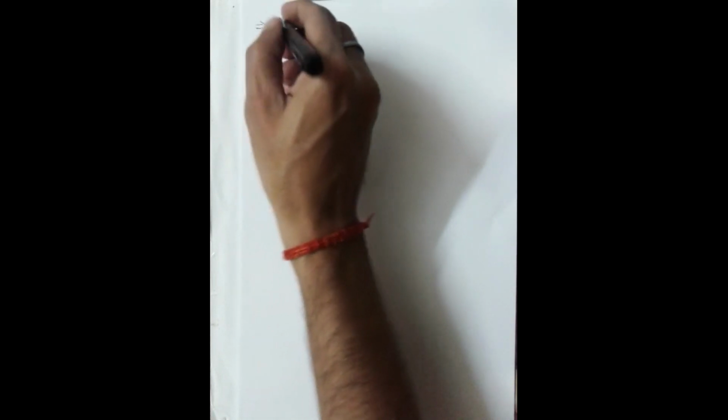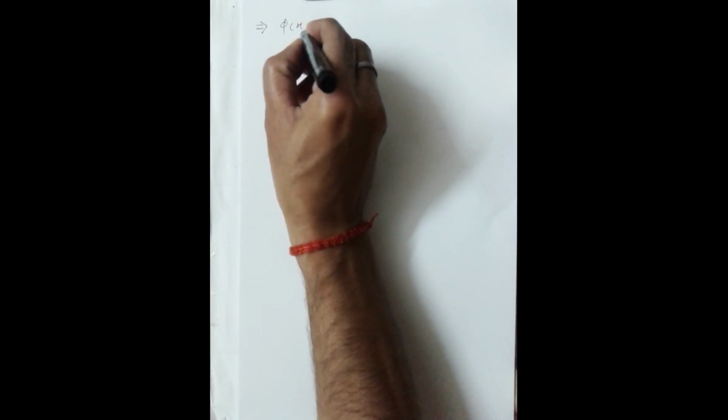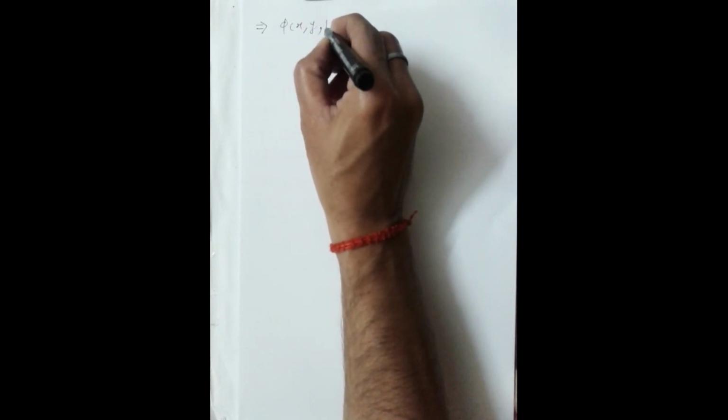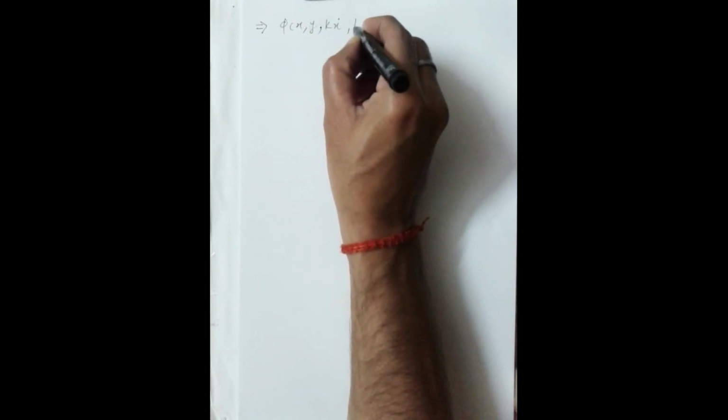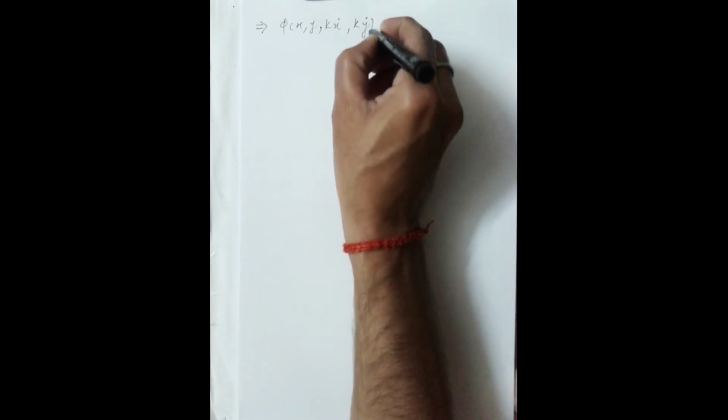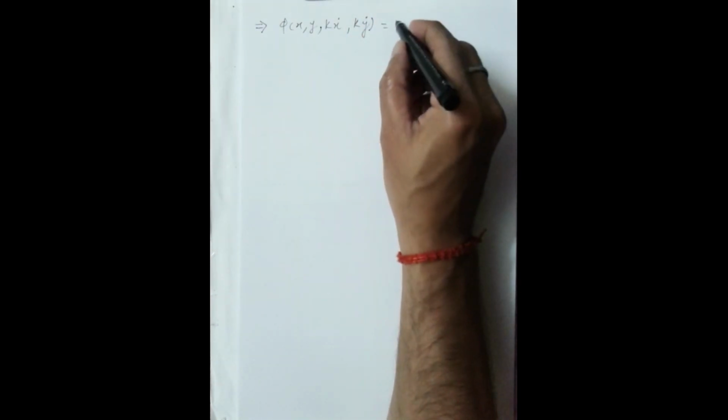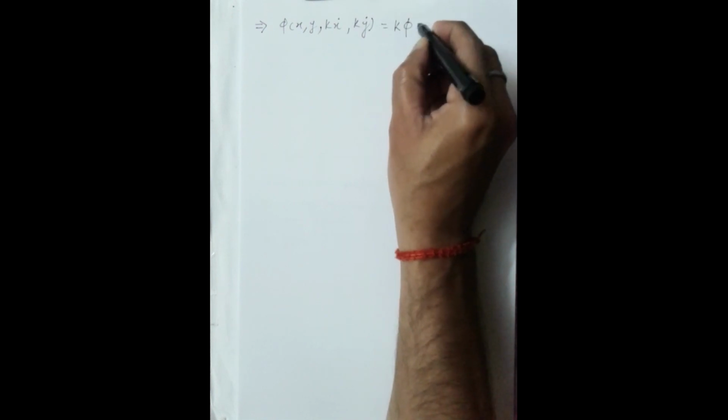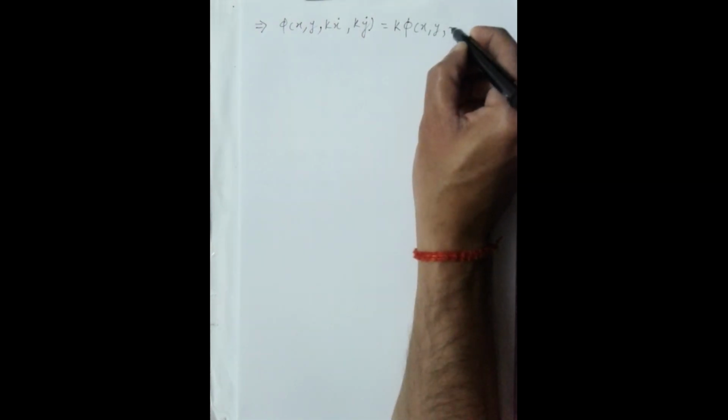This implies phi(x, y, kx dot, ky dot) is equal to k phi(x, y, x dot, y dot).